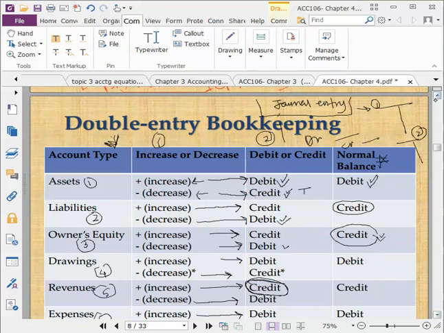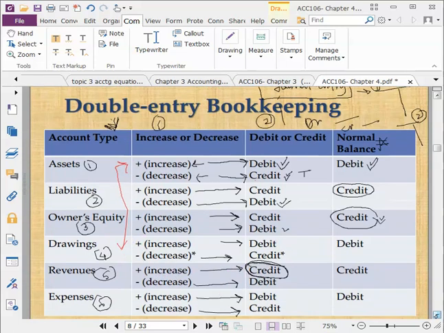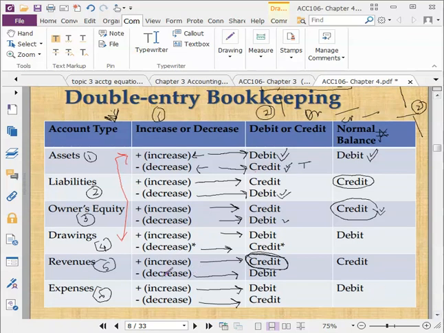Drawing is the same group as asset, so the debit side and credit side are just the same. Revenue is the same as liability, so increase is credit, decrease is debit. How about expenses? Same as the asset. Increase is debit, and if decrease, we must credit.